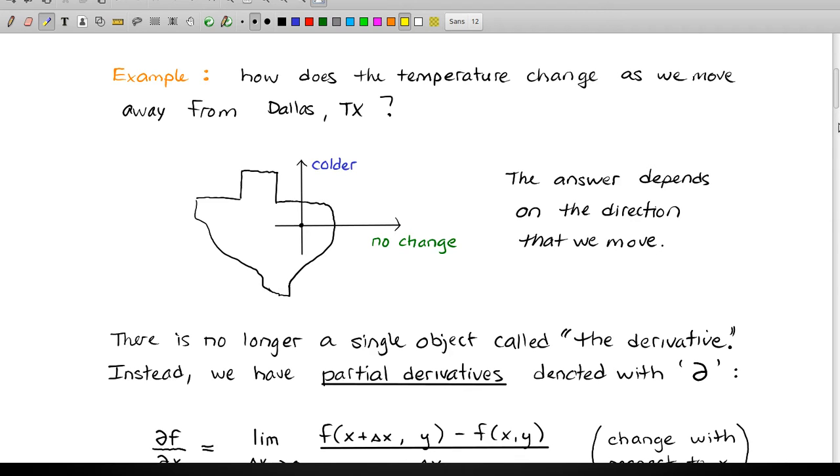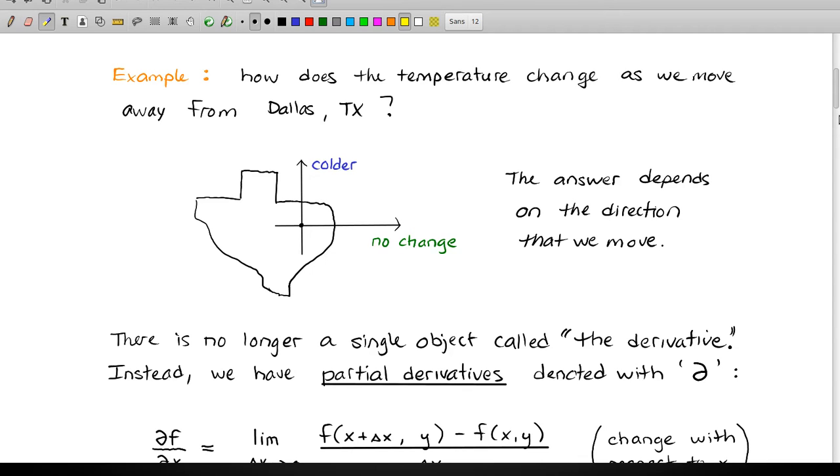Temperature tends to be constant in the east-west direction, although here in the middle of the country the jet stream sort of drops down, but forget about that. Moving east and west, there's generally no change. When you move north, the temperature decreases. So here, if we were talking about a derivative, the derivative with respect to change in, say, x could be close to 0, and the derivative with respect to, say, y, the north-south direction, could be negative.